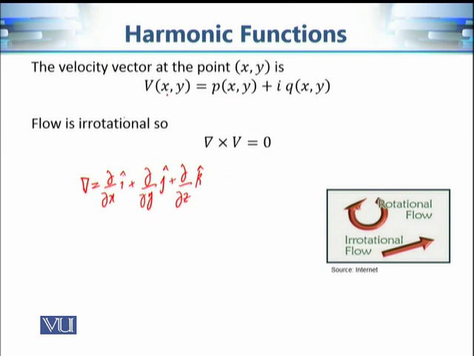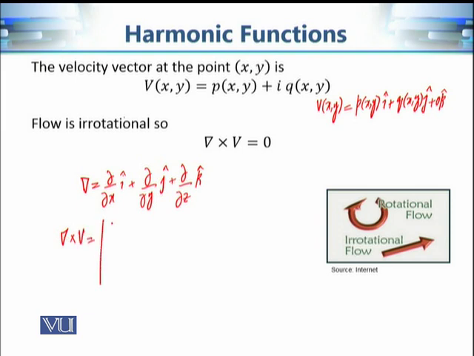We also write v of xy in real and imaginary parts, but if we follow this notation of ijk, then we can write v of xy as p of xy i plus q of xy j, and of course the k component is 0. With these notations, we can now calculate nabla cross v.